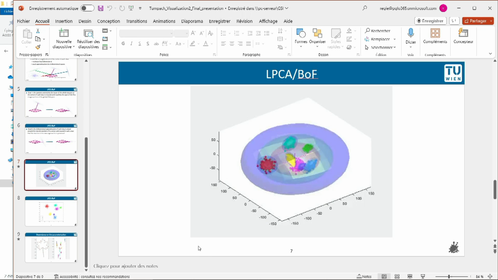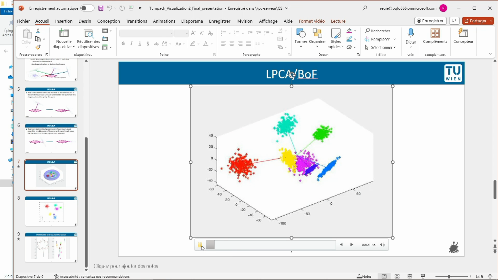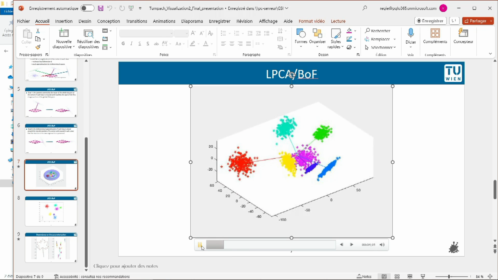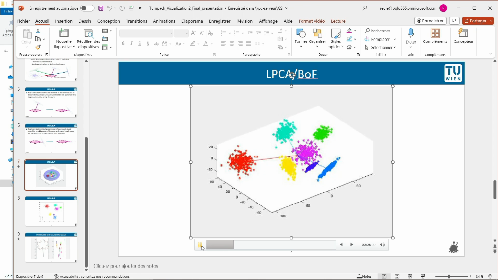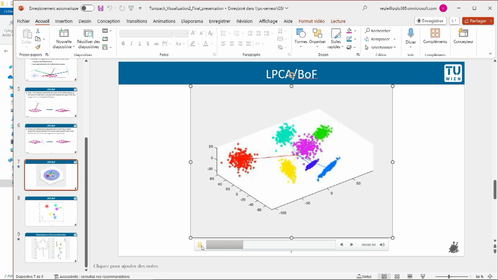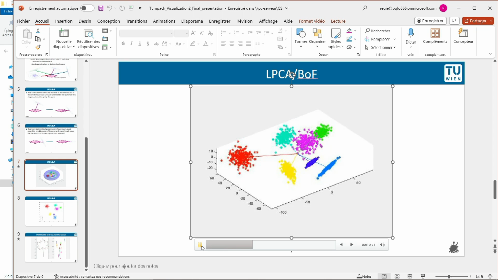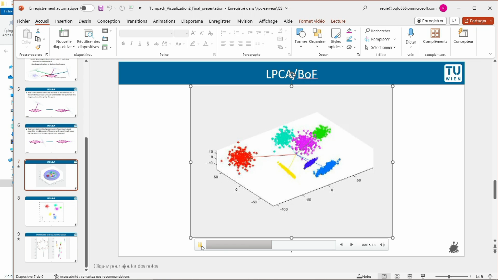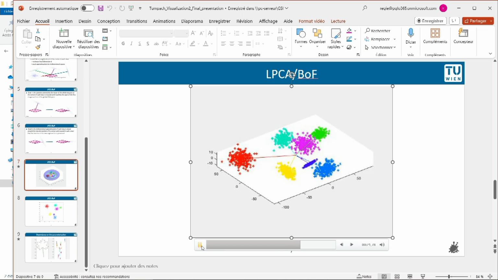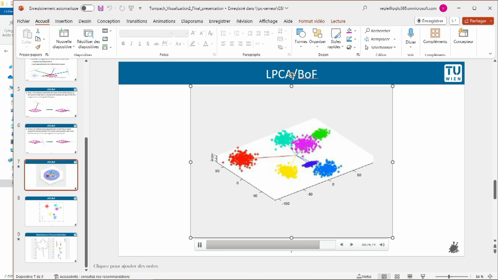You have data points with different colors coming from different classes. So these are data in 3D, and what you want is to visualize them in 2D. So you connect to the mean of the data set. And then it's like you have a bouquet of flowers, and then all flowers are dispatched in the same plane, like if you put flowers in a book. So that was just to explain the visualization.